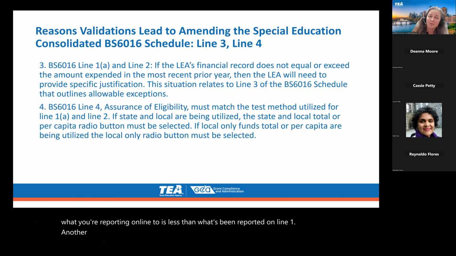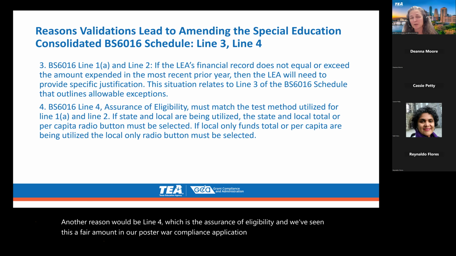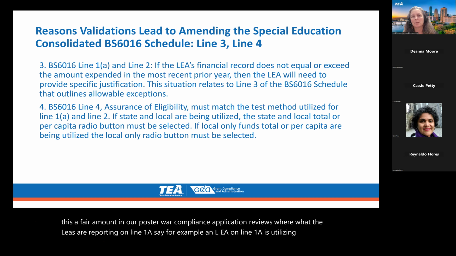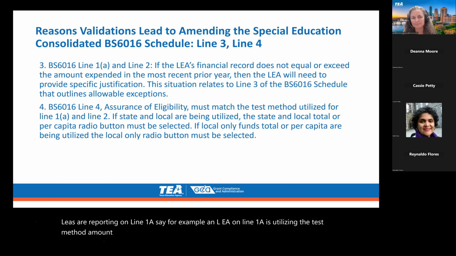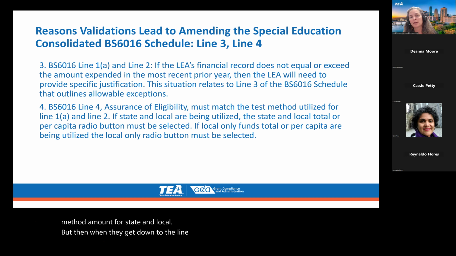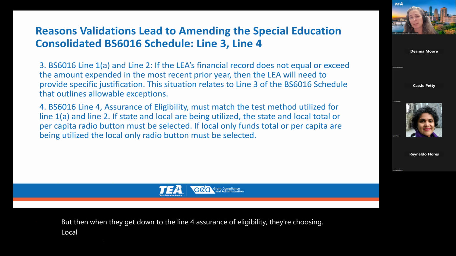Another reason would be line 4, which is the assurance of eligibility. And we've seen this a fair amount in our post-award compliance application reviews, where, say for example, an LEA on line 1A is utilizing the test method amount for state and local. But then when they get down to line 4, assurance of eligibility, they're choosing local only, total or per capita.